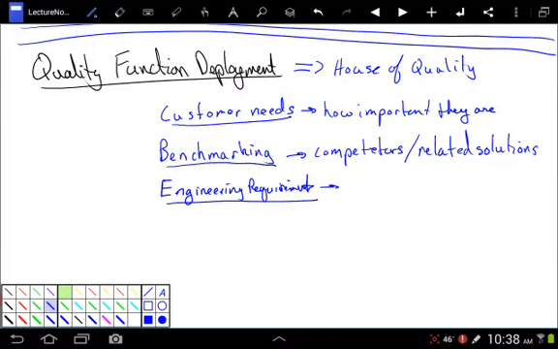Remember, these engineering requirements are metrics, right? This is how we know how good our design is. These are metrics for evaluating design. Okay, so really, engineering requirements define to a large extent the problem that we're trying to solve, right?